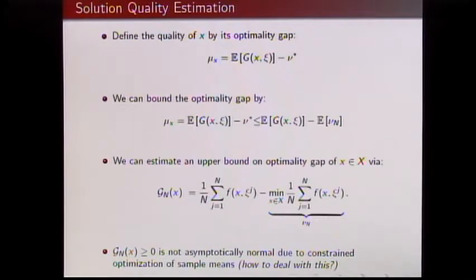It is not that quantity. So it's something higher, so it's more conservative, because on average it creates an upper bound on the true optimality gap because of the optimality bias. On average, this is lower than the true optimal value. That's why, if you have smaller sample sizes, it will overestimate the optimality gap. It will tell you, oh, it's like this.